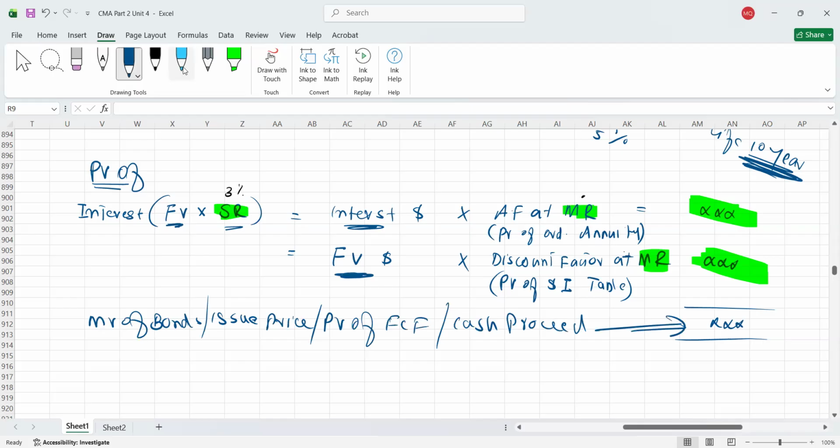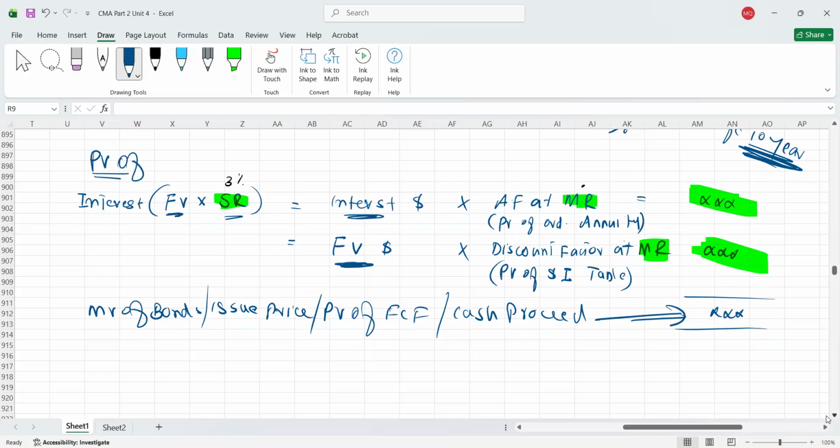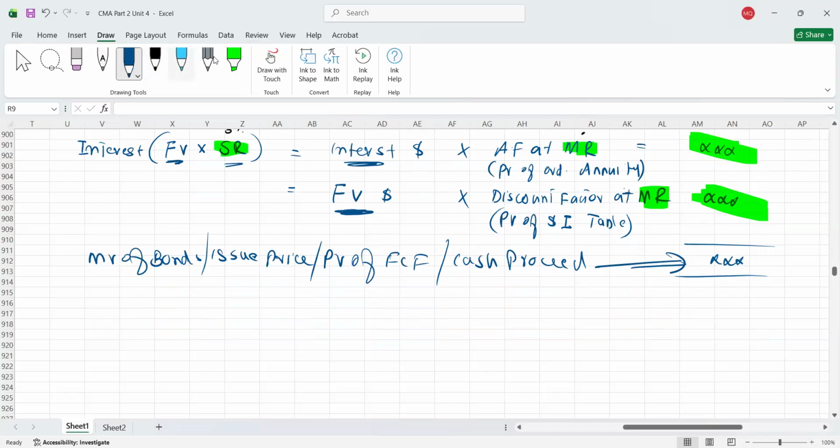Okay, but if he is asking to calculate the amount of premium or discount, then you do one extra step. The extra step is what? You are going to compare this figure with the total face value.